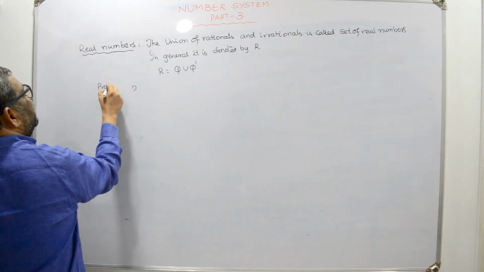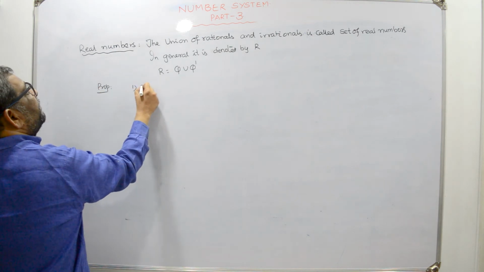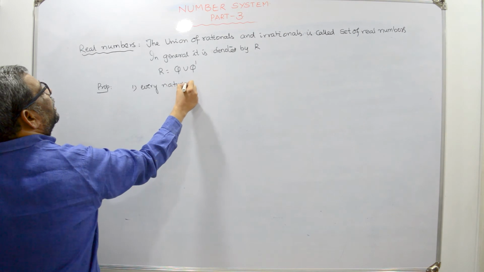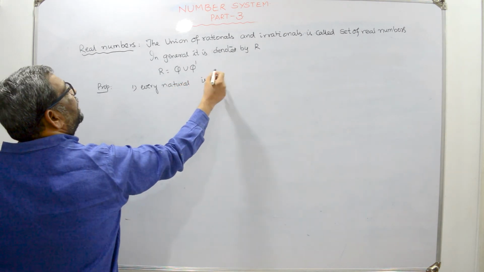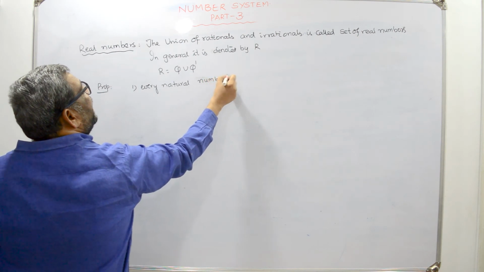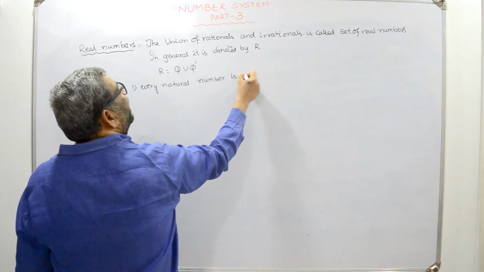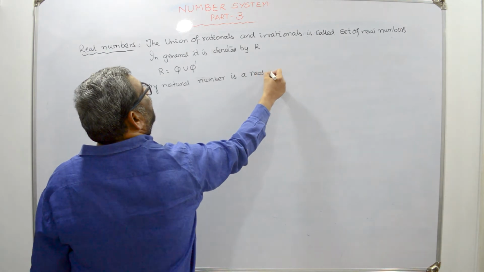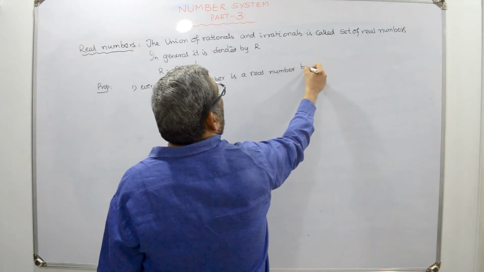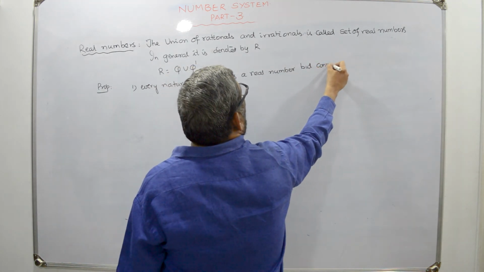Properties. Every natural number is a real number, but the converse is not true.